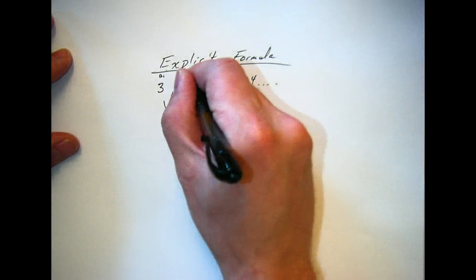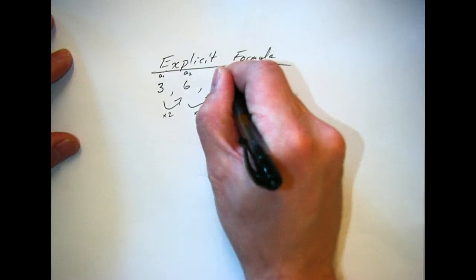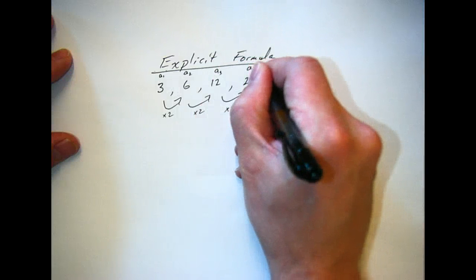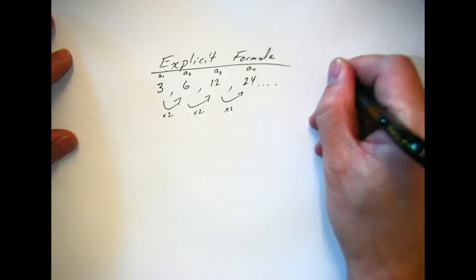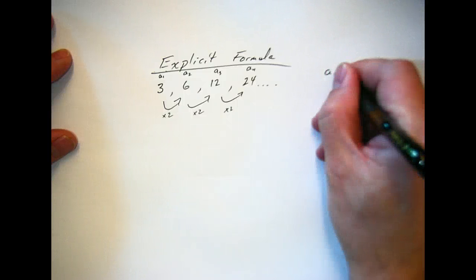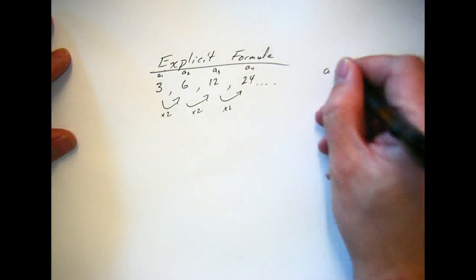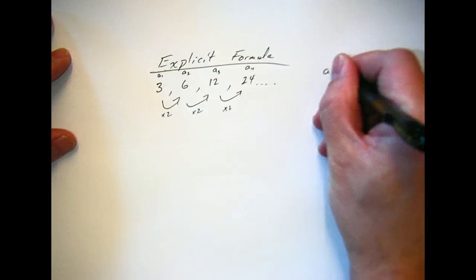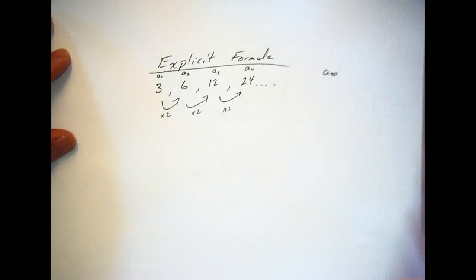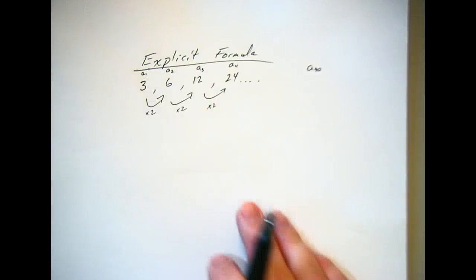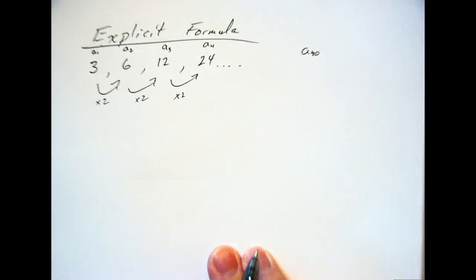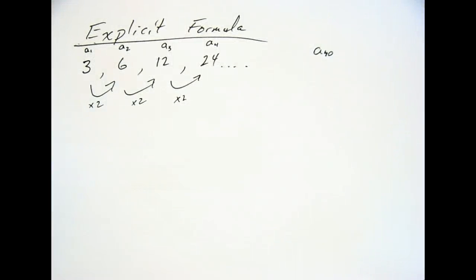This is a sub 2, a sub 3, and a sub 4. Let's say I want to find a sub 40. It's further out there. 15, we could just extend it, right? But a sub 40. So we're trying to find a sub 40.